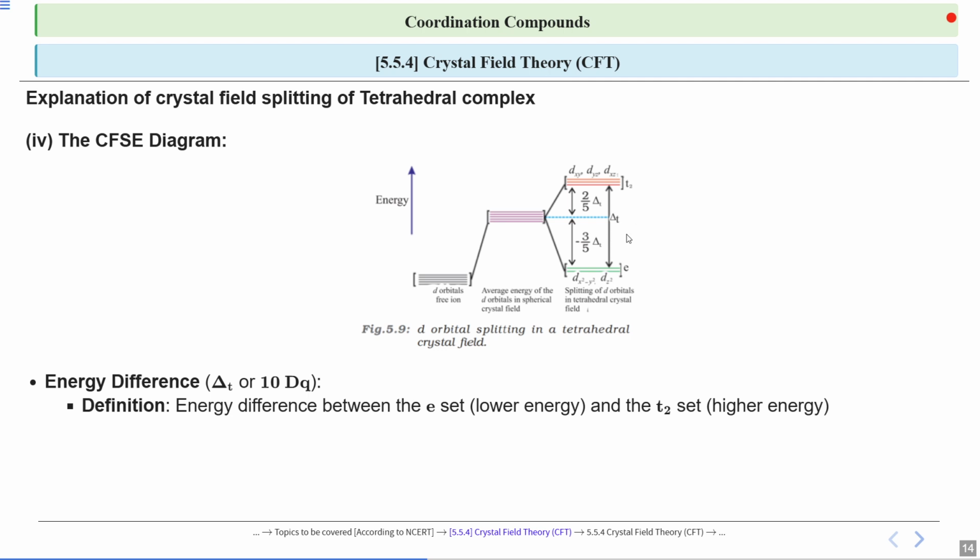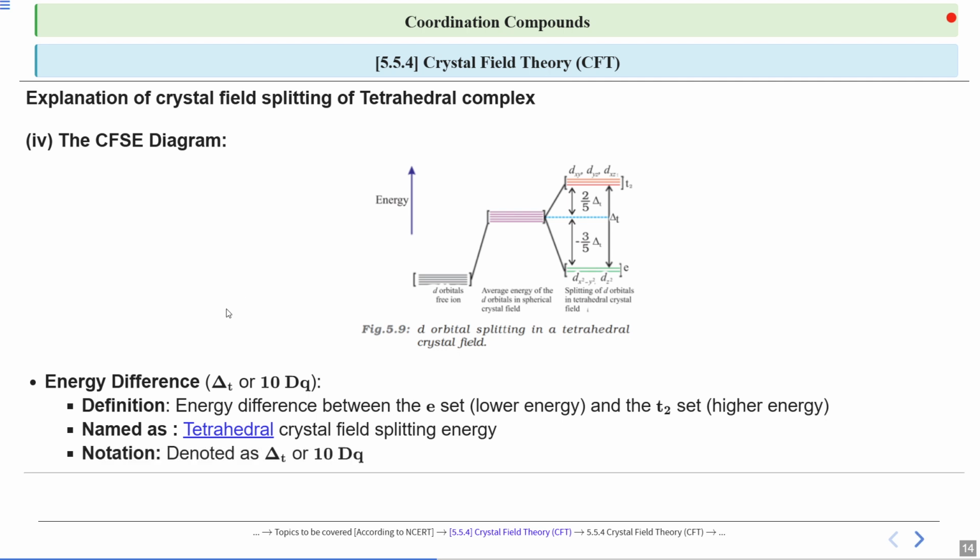In this diagram you can also see it. It is named the tetrahedral crystal field splitting energy. You denote it by delta T, where T represents the tetrahedral complex, or 10 dq. dq was the unit for the measurement of energy in this complex.